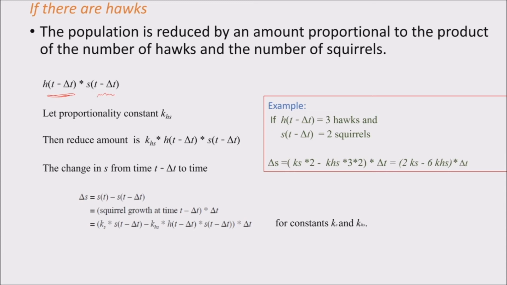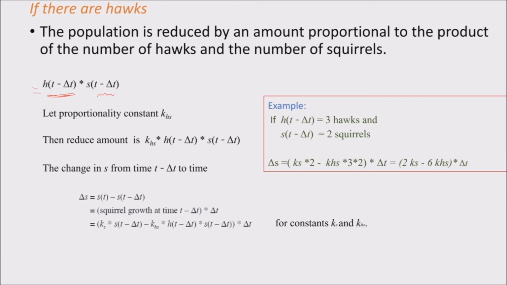The point here is they just point out what the death or the reduced amount is going to be. So the population is reduced by an amount, the reduced amount of the population. This is like the deaths, right?